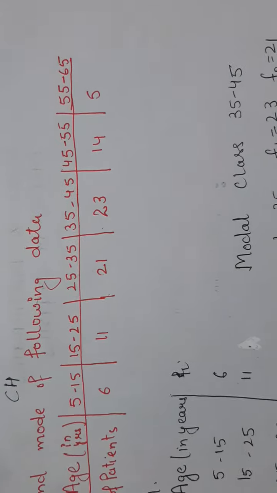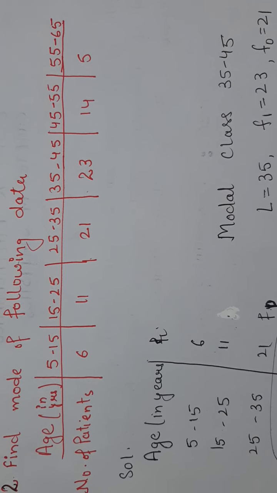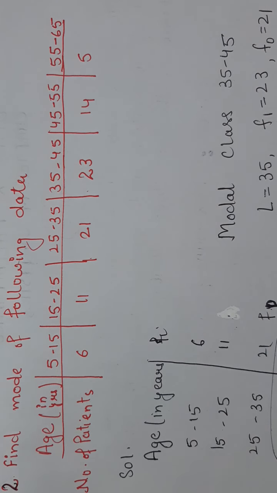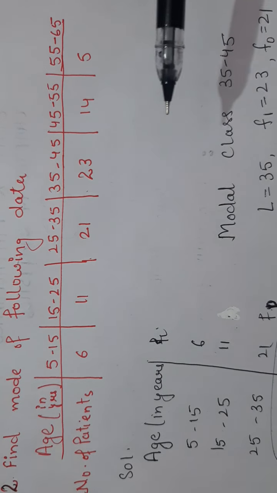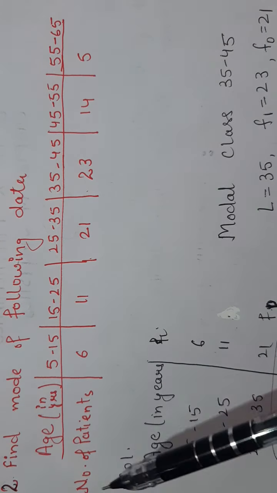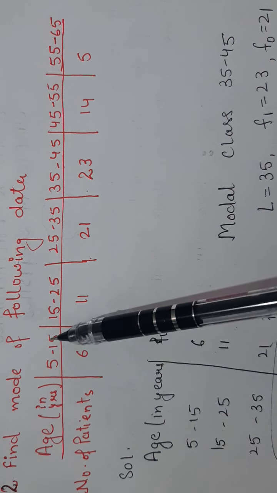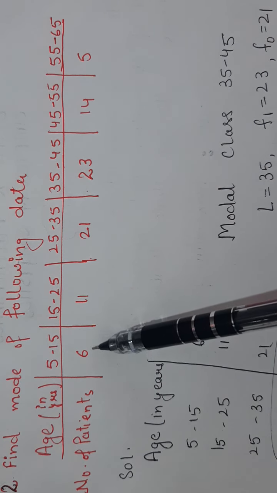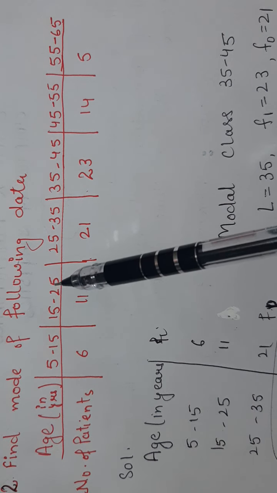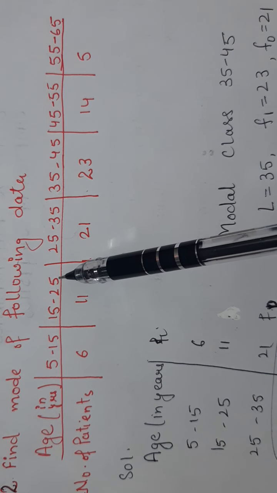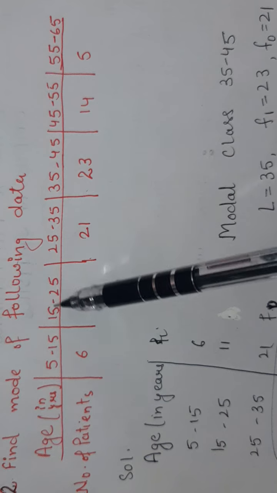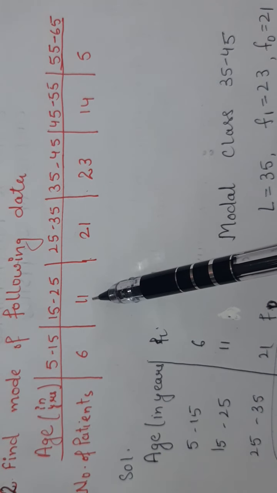The first statement says find the mode of the following data. Mode is to be found, and data is given to you. Age is given and number of patients. For 5 to 15 years of age, how many patients are there? 6. For 15 to 25 years of age, there are 11 patients.